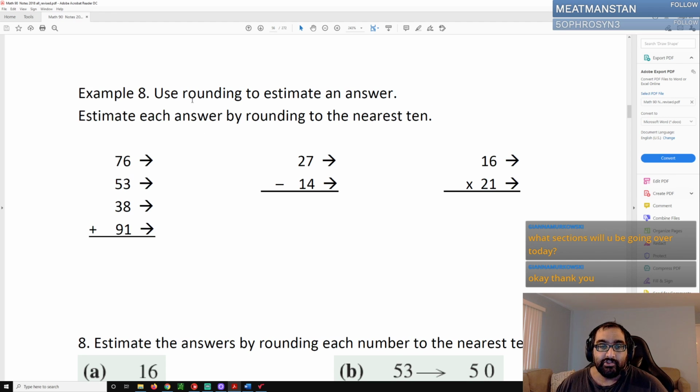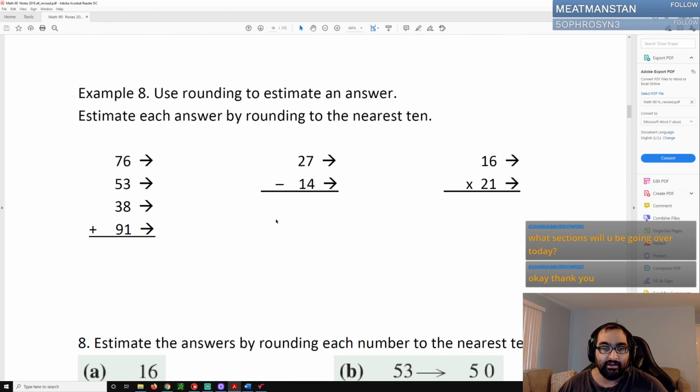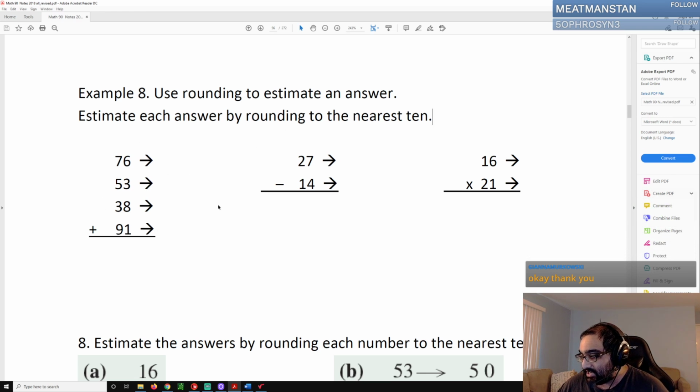Okay, the latter half of section 1.7 is on page 56 of the handout. What we want to do is use rounding to estimate the answer, and by doing that, we want to round each number to the nearest 10. Then we're going to add, subtract, multiply, divide, whatever we need to do to find the answer.